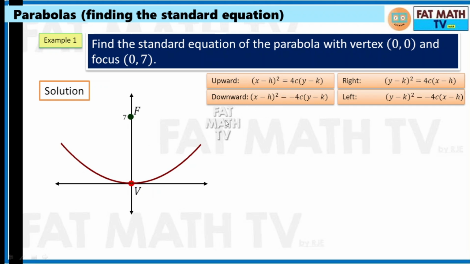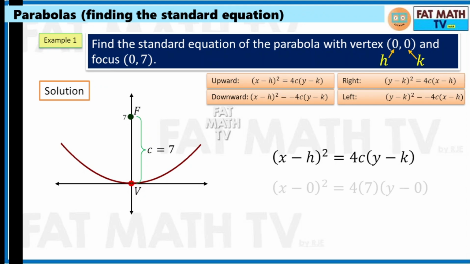So we already know h and k. And for the c, that is the distance between the vertex and the focus. The distance from (0, 0) to (0, 7) is 7 units. That's 7 minus 0. So we can already substitute h with 0, c with 7, and k with 0.